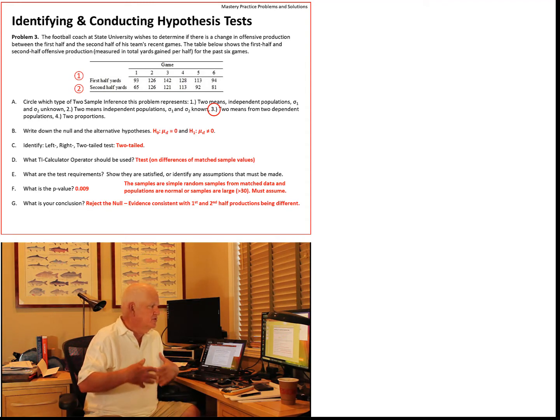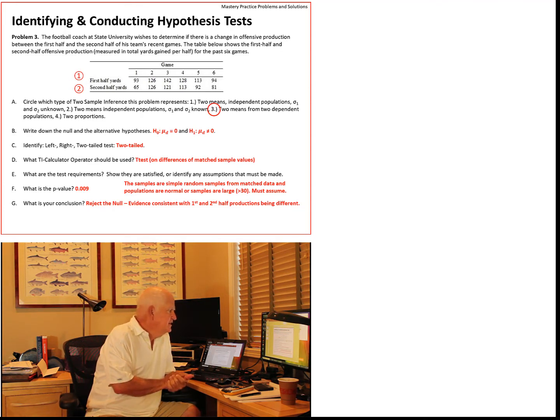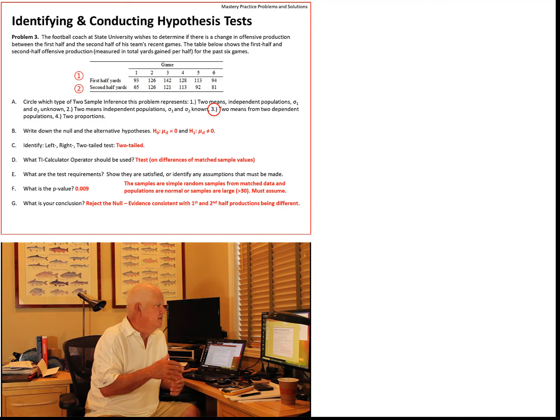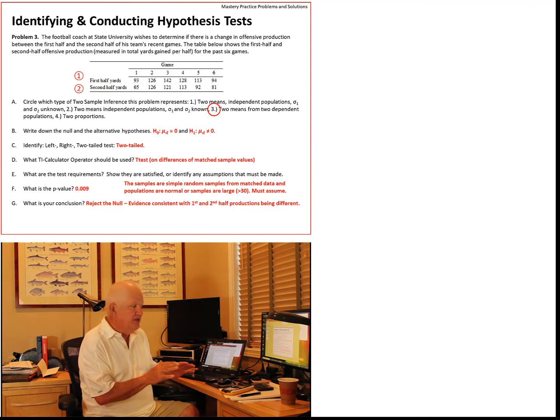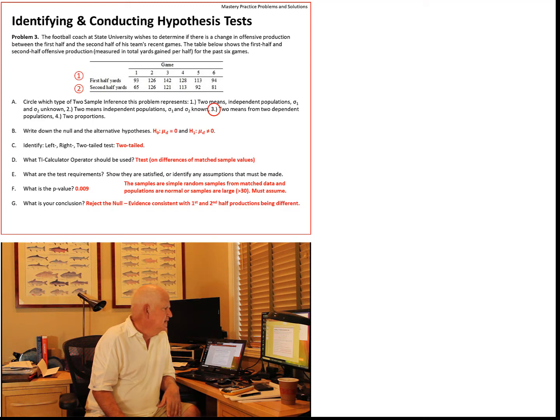So before I start to get into the t-test, I have to calculate those differences. 93 minus 65, what's that? 28. 126 minus 126 is 0. 142 minus 121, 21. But rather than doing that, let's turn to the calculator, and I'll show you the typical way to do that.